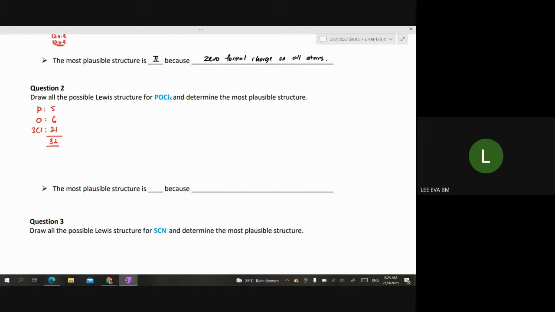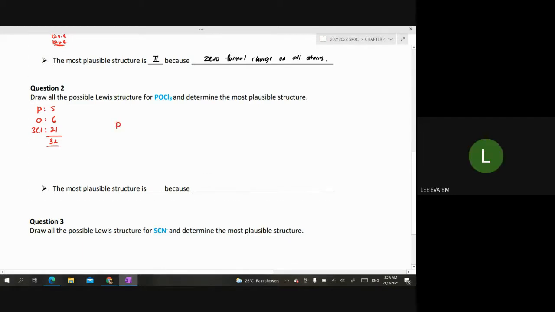Always do your calculation. This is just for you to make sure you're using all these 32 electrons to build your structure. So who is sitting in the middle? P, O, or Cl? Who is the least electronegative? Phosphorus.